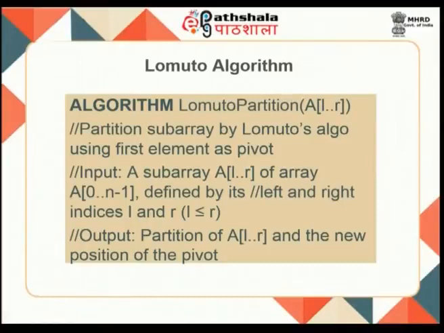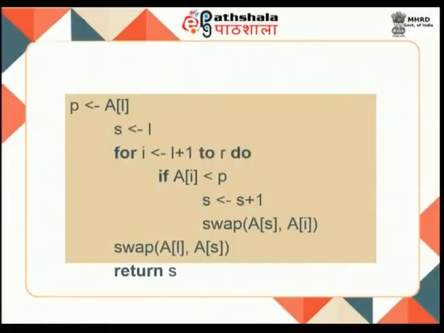So this is how the algorithm looks for Lomuto. You can see very well the input array is A with lower bound L as well as upper bound R. So that means the first element, that is A of L, is assumed to be the pivotal element, and S points to the first element of the list.